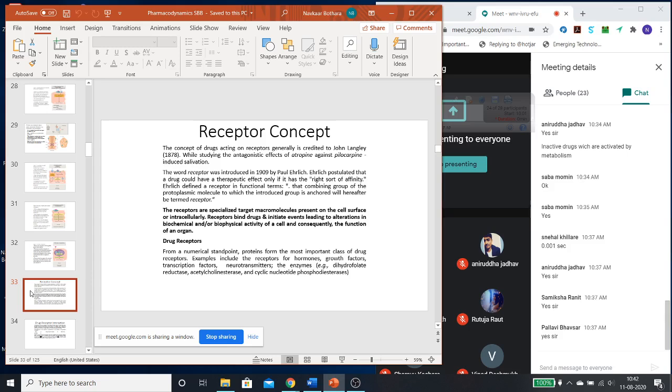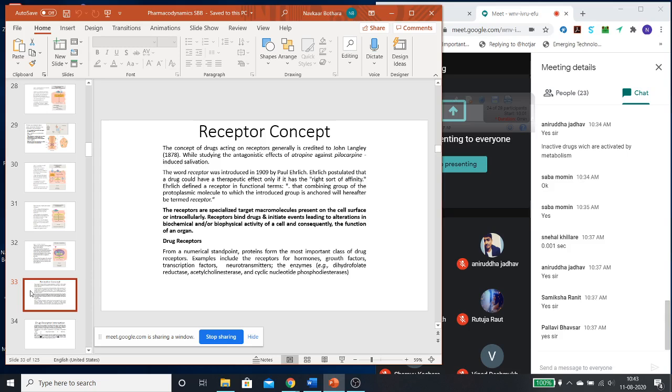Okay. So here we have seen what kind of actions drugs are showing. And it started long back in 1909 by Paul Ehrlich, and as I told you, he was the person to tell about these two things.